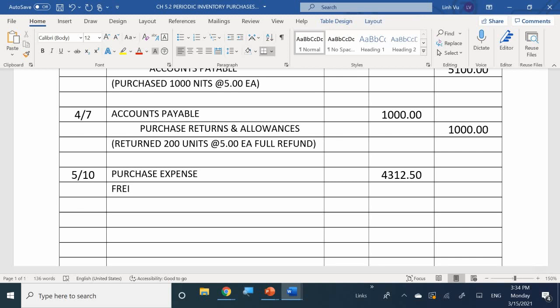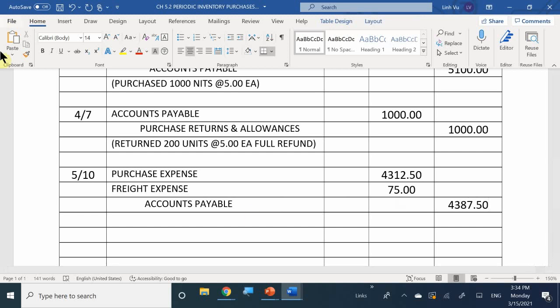Freight expense for 75. And then accounts payable for 4,387.50. 4,387.50.